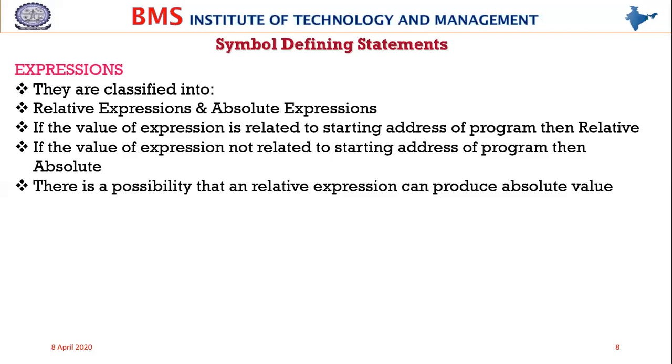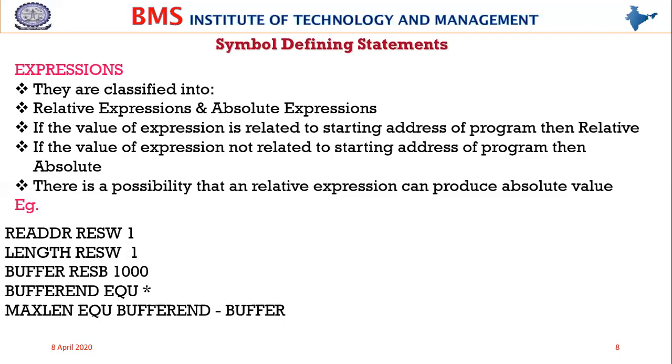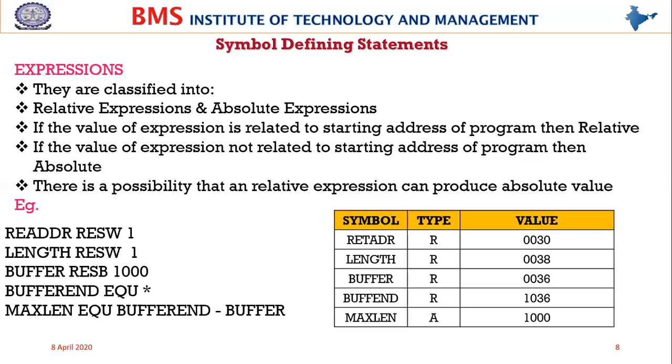There is a possibility that a relative expression can produce an absolute value and the reverse. This is our example of read address and all the things. Now have a look at this table. Read address is a type of relative expression.